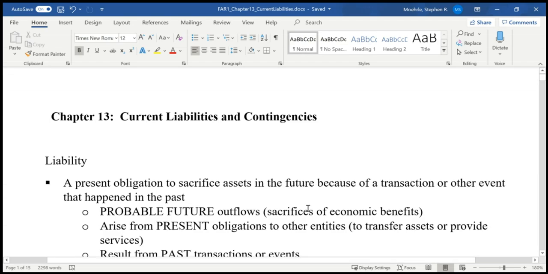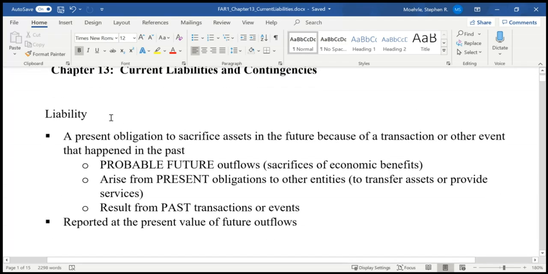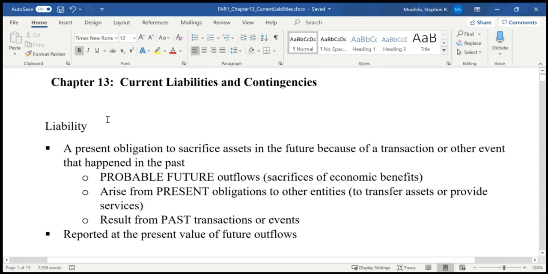So let's start with a quick definition of a liability. A liability, as you learned in the first lecture in the course, is a present obligation to sacrifice assets in the future because of a transaction or event that happened in the past. So let's look at the key qualifications for liability.